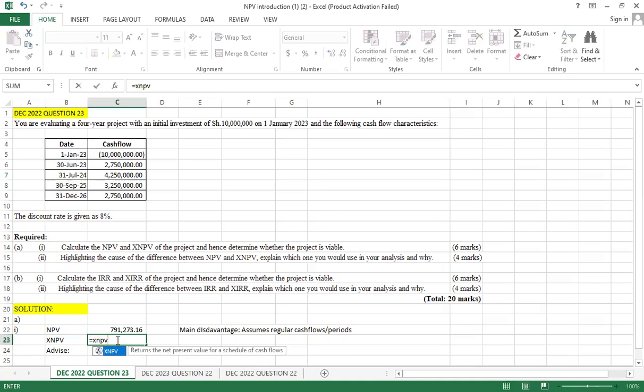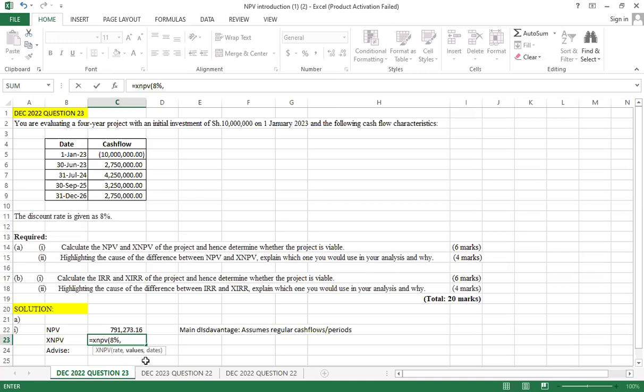And then in brackets, how you start is similar. As soon as you type the open bracket down there, you are told what the formula should be. First, you should have the rate. The discount rate, we have 8%. Now, comma.